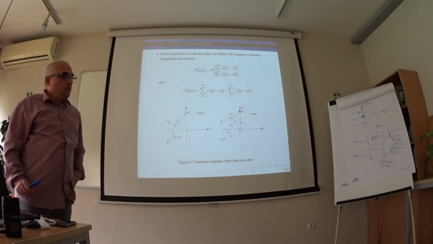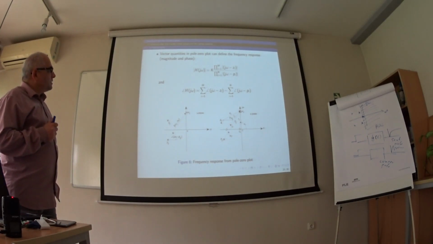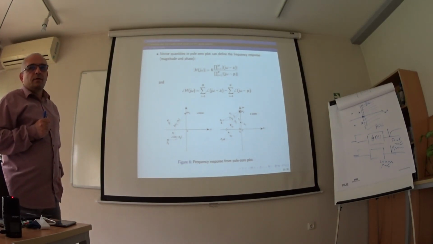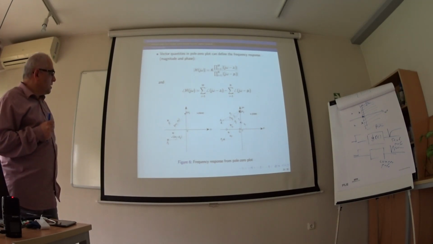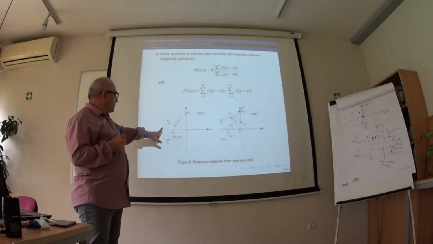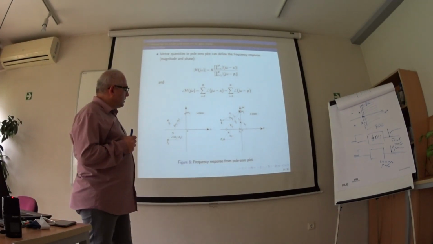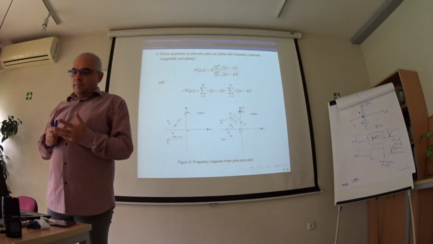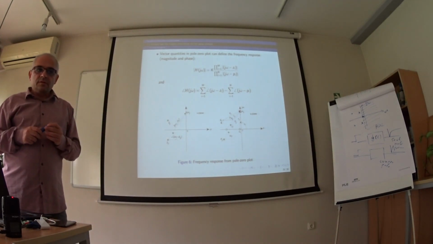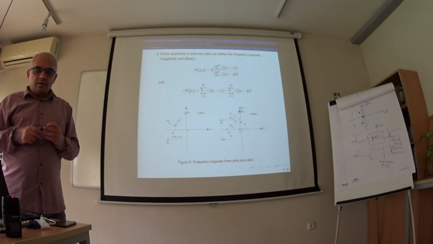properties. Now, how can we guess the magnitude and phase response from the pole zero plot? We have here situation with two poles, and here we have situation with two zeros. And poles and zeros determine the system characteristic, but only the poles determine if the system will be stable or not.